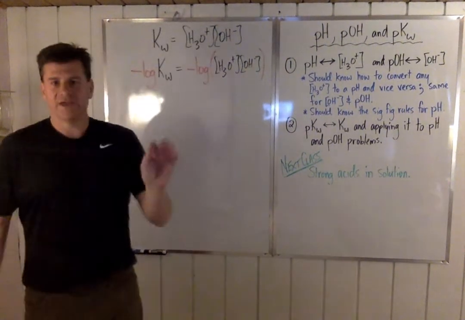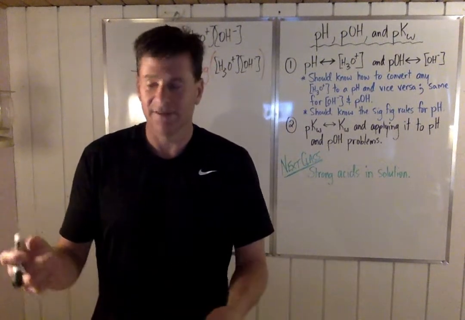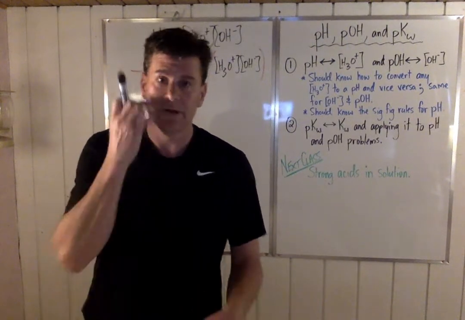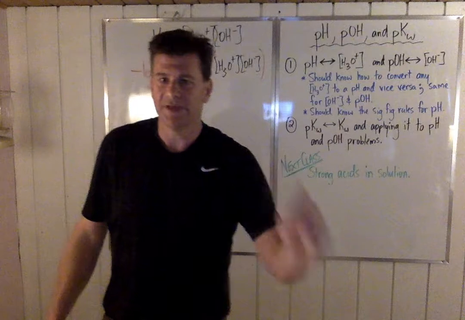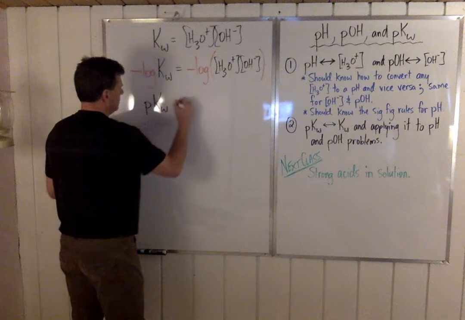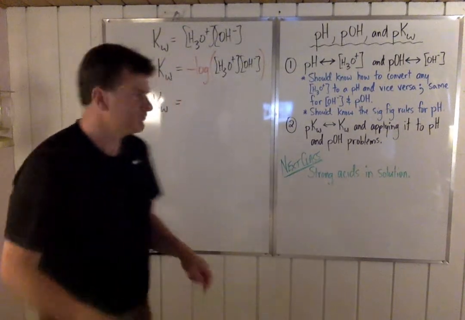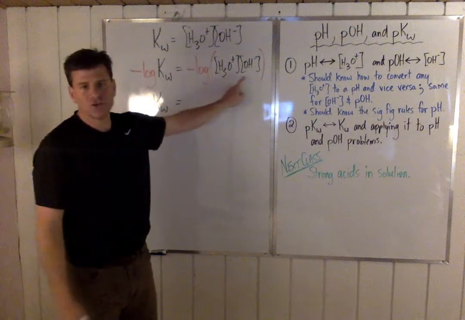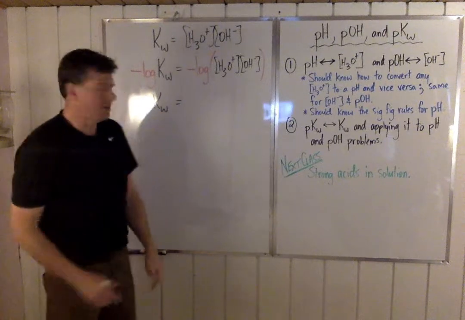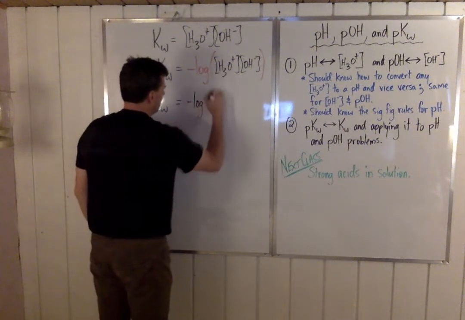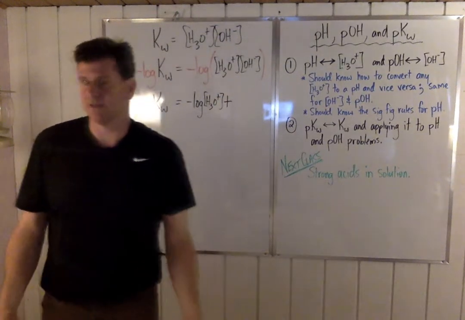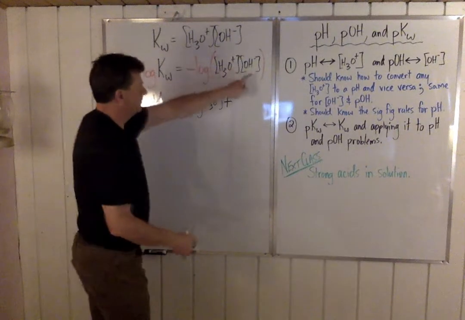So the negative log of Kw. The P, like in pH, pOH, pKw, means negative log of. So the negative log of Kw means pKw. On the right, because it's hydronium times hydroxide, I can take the negative log of the hydronium, plus, by the log rule, the negative log of the hydroxide.